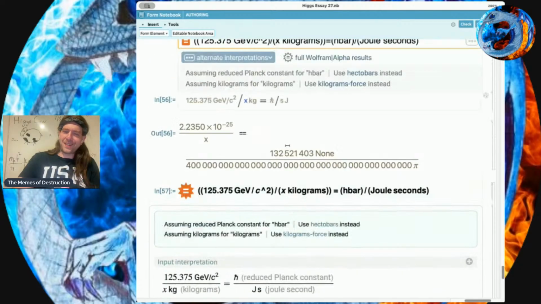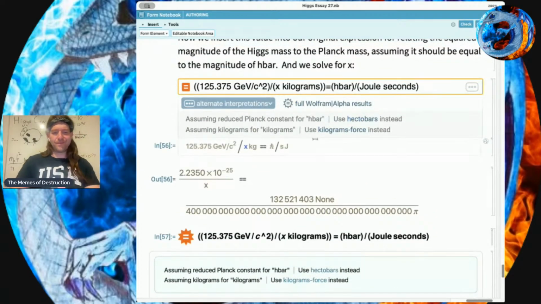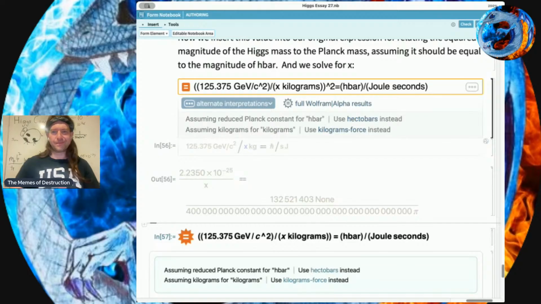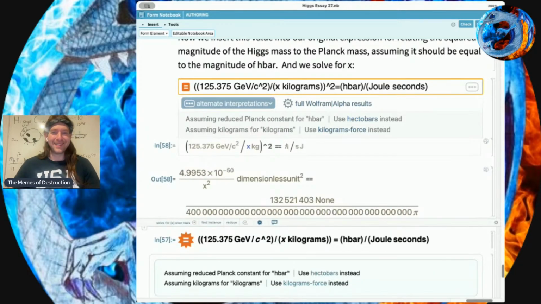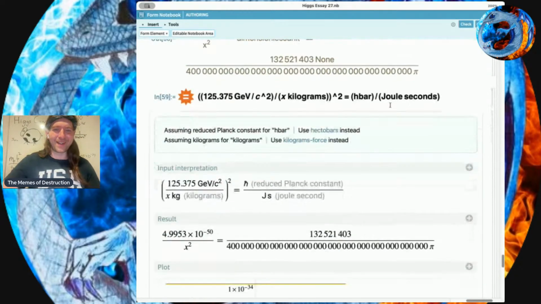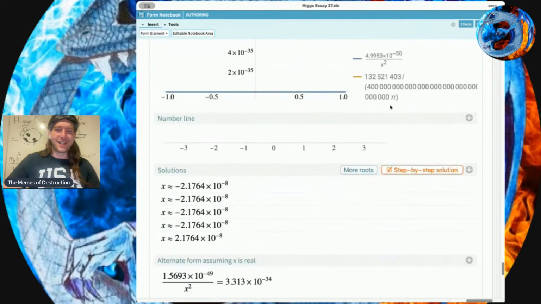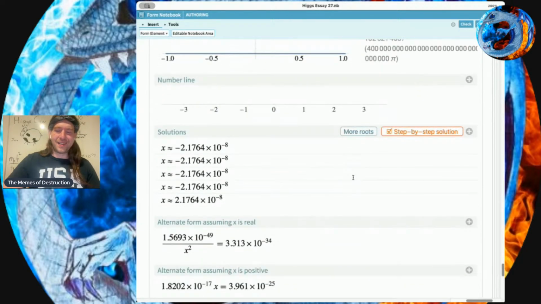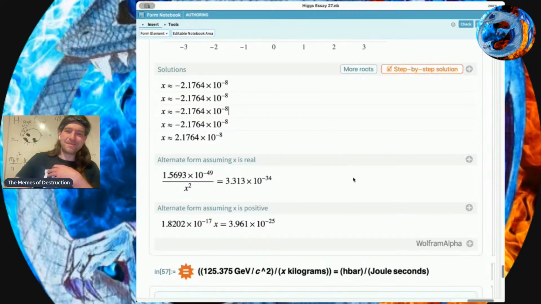Oh, I'm like, oh, that's not correct. Oh, squared. Oops. All right, this looks like it might be a little bit better. Let's see. I was going to say, I don't recognize that number. I did something obviously wrong. All right. How many digits did I need to put in for that? It's just giving out the Planck mass.